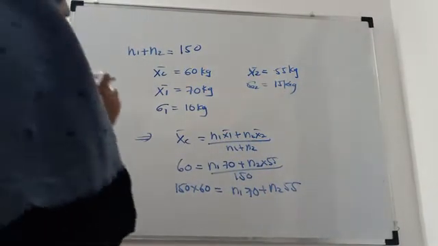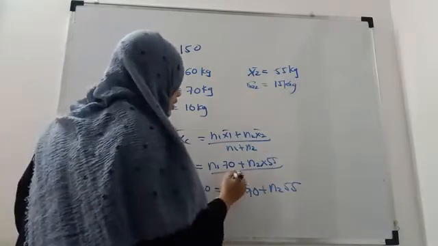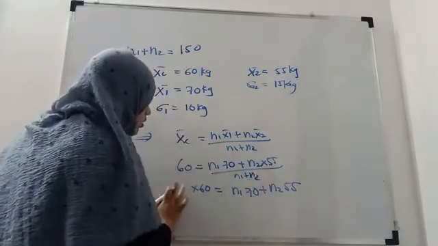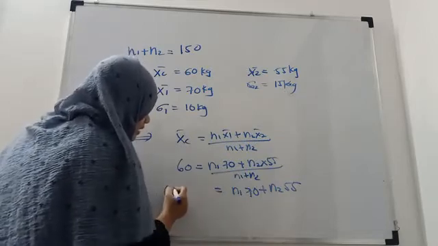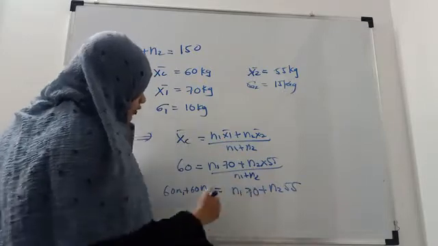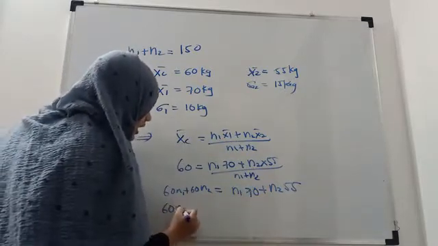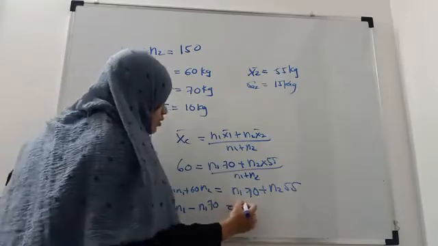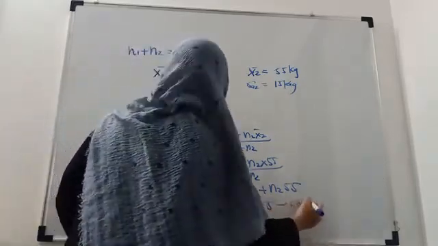Now instead of substituting its value, just keep it as n1 plus n2, so here it will be 60 times n1 plus 60 times n2. Now shifting, 60 n1 minus 70 n1 is equal to 55 n2 minus 60 n2.